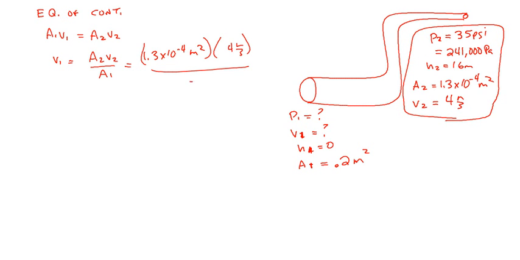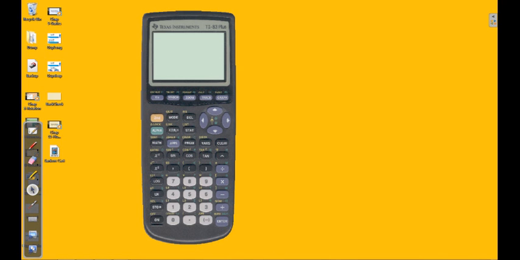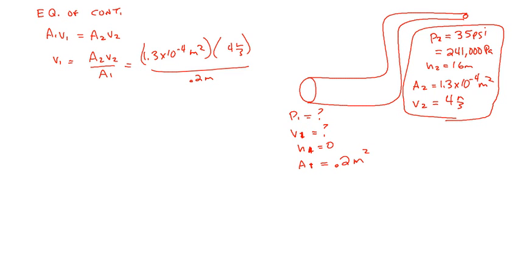Area 1 is 0.2 meters squared. 1.3 e negative 4 times 4 meters per second, and then we're dividing by the 0.2. 0.0026 is a number for that.